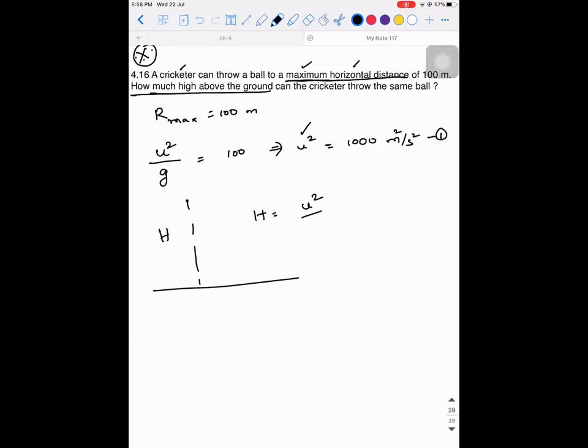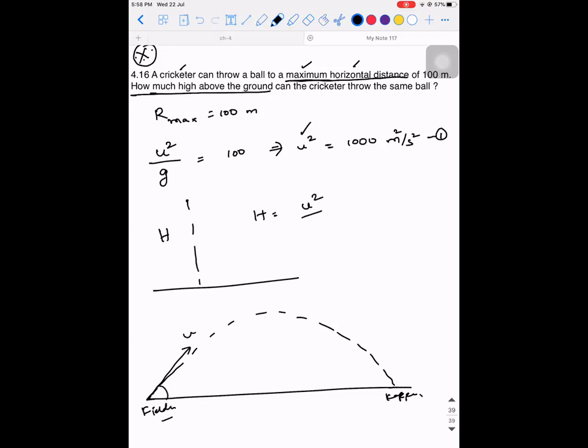Okay, let me explain the scenario. They've explained it in such a way that the cricketer is throwing the ball. Let's say the wicket keeper is here. There is a fielder. He got the ball and he's throwing it to the keeper with some velocity.